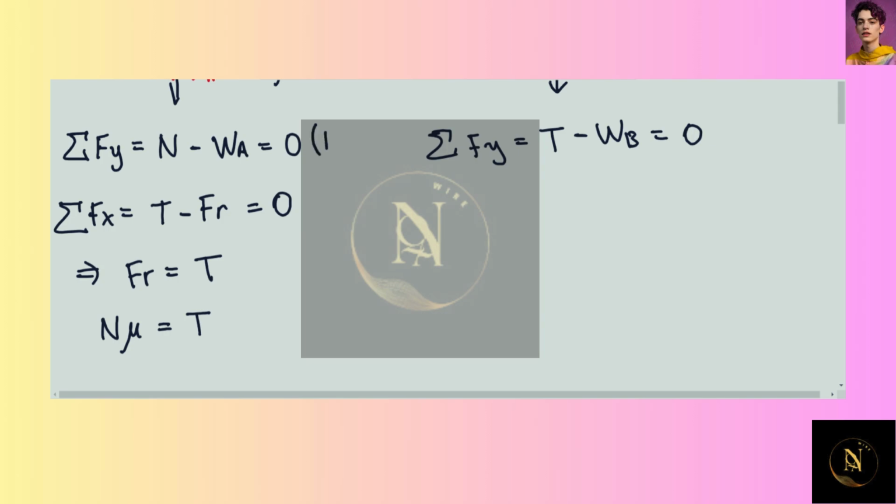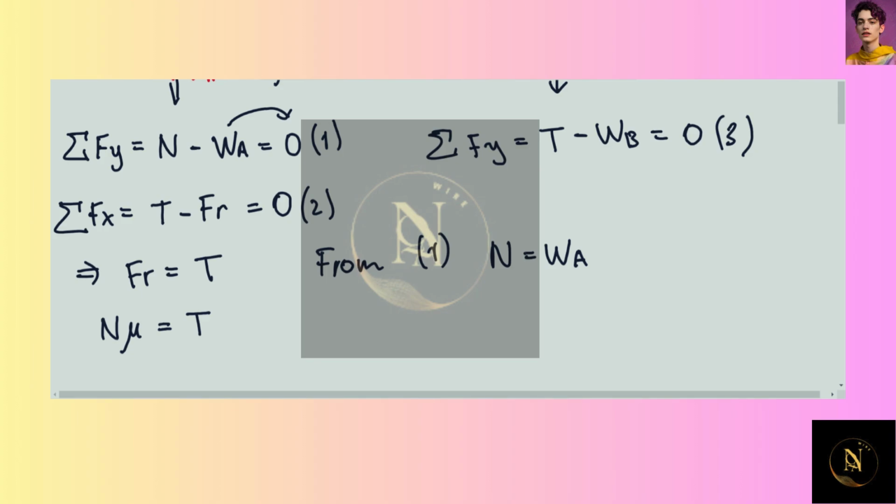We are calling these equations 1, 2, and 3. So from 1, we pass the weight to the right-hand side and obtain that the normal force is equal to the weight of block A.